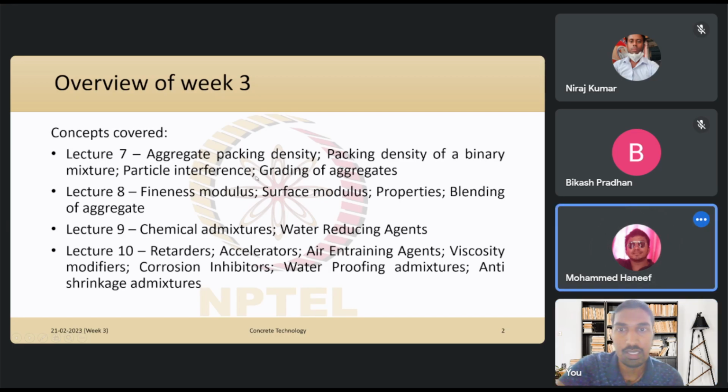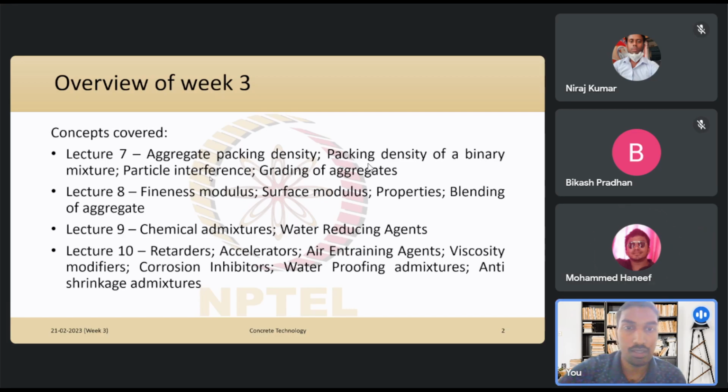When there are 2 different sizes, there will be some interference taking place at the boundaries of the 2 different sizes, right? So therefore it will not reduce the amount of voids present to the ideal level. So that is the particle interference.